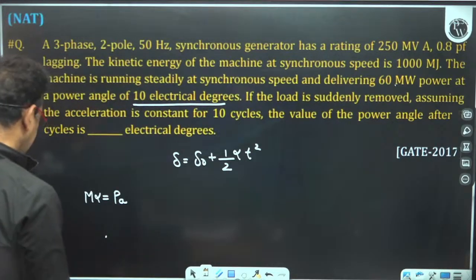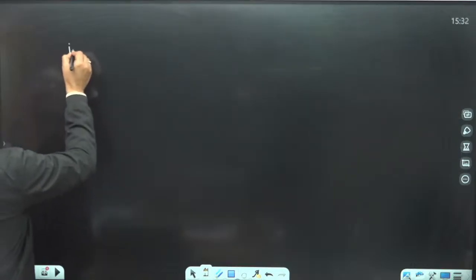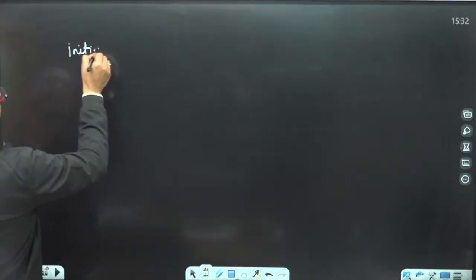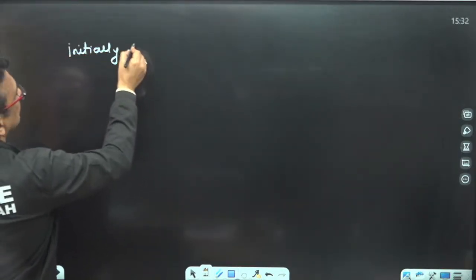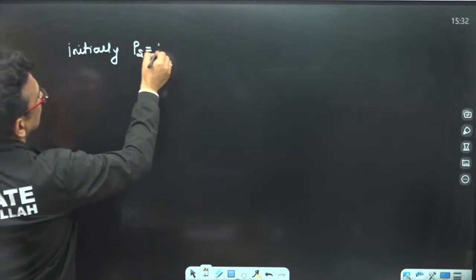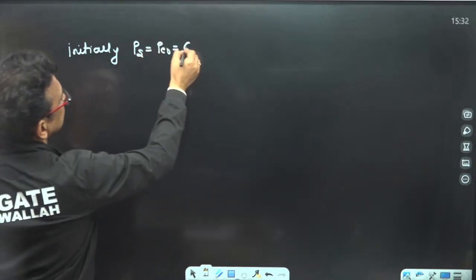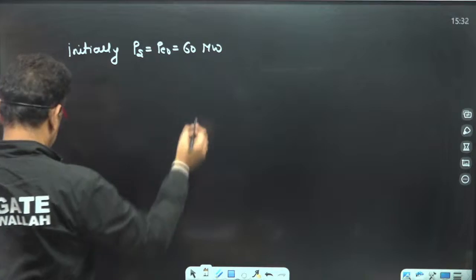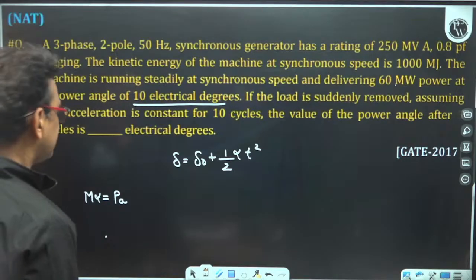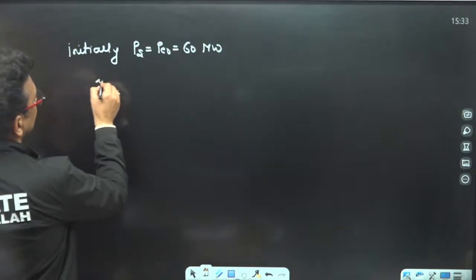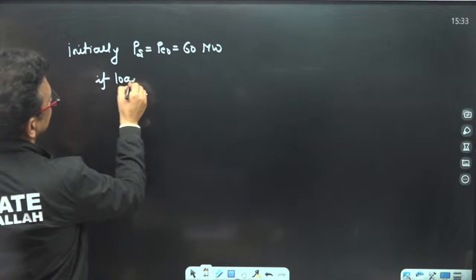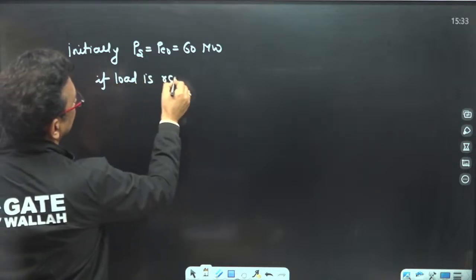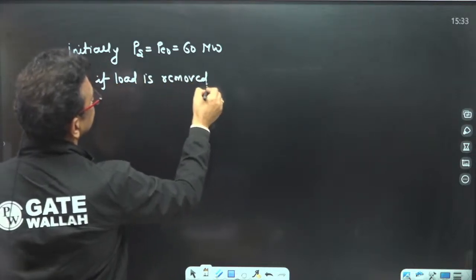That means initially when the system was in the steady state condition, the input power is equal to the output power, and it is given as 60 megawatt. Now load is suddenly removed. If load is removed, that means the output power becomes 0.